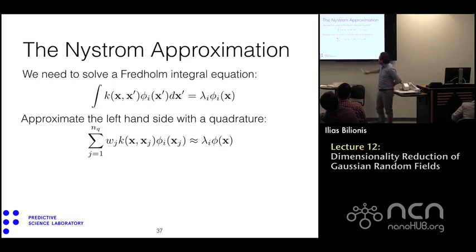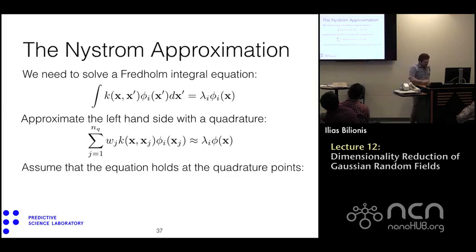Okay? And then you go here and you say, this equation is supposed to hold for every possible x, but that's probably too much. So let me just make it hold for the quadrature points. So I'll take these quadrature points, I'll put them there and there, wherever x is. I'll put an arbitrary quadrature point there.